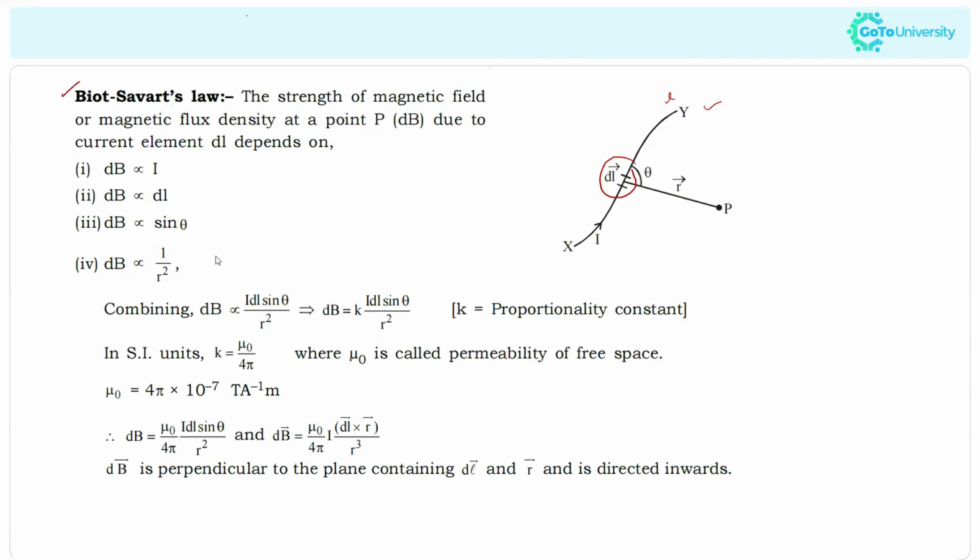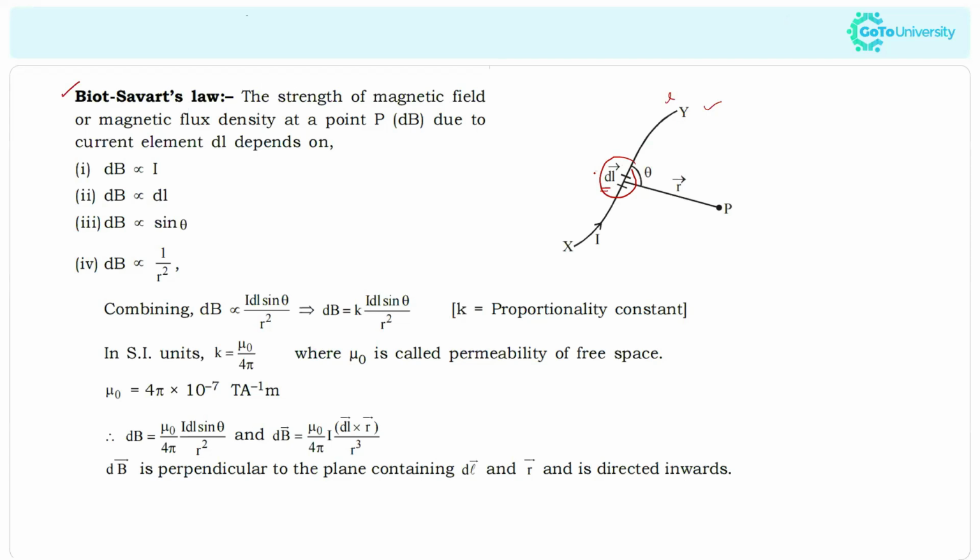So in the Biot-Savart law, we can study how the elements contribute to the magnetic flux density. If we take the element xy, which has a length of L, we can't calculate the overall magnetic flux density. So here we have to take a small element from it, which has the length of dl.